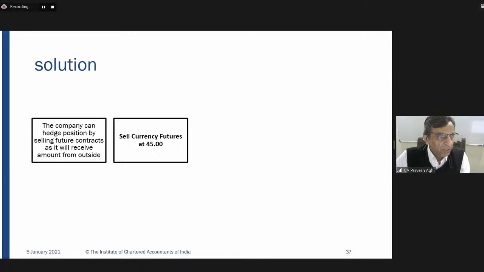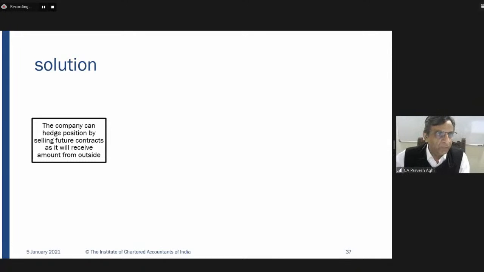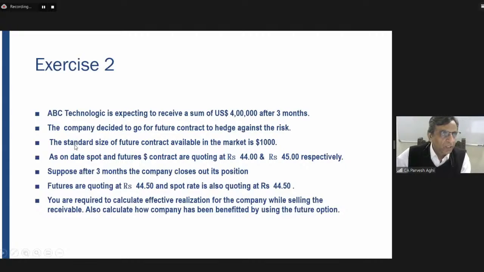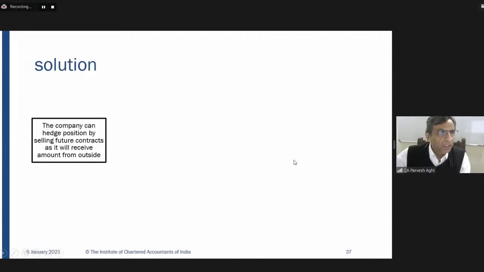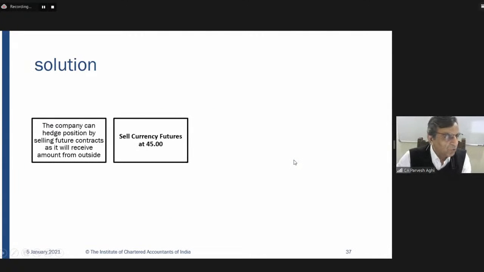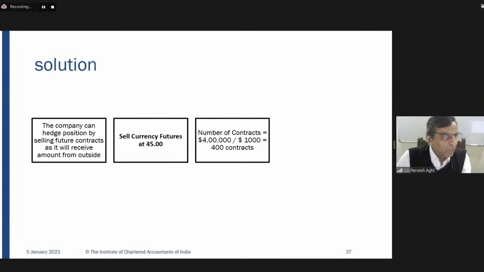Today the futures are selling at 45, so at this rate he is entering into selling futures. The number of contracts required will be 400 contracts.